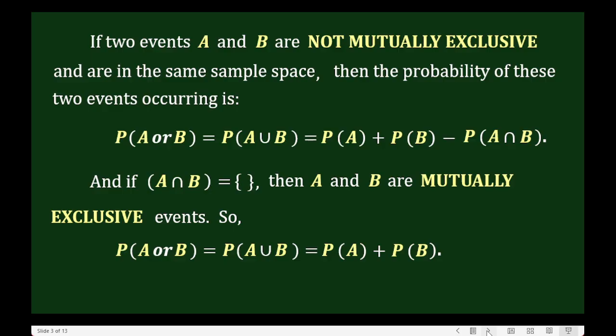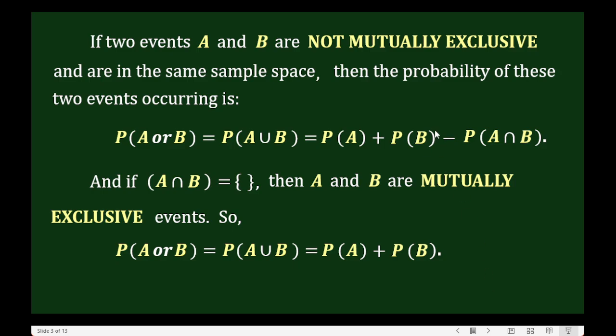So you will notice that for two events that are mutually exclusive, to get the probability of their union, there is no need to subtract the probability of their intersection from the sum of the probabilities, since there is no common element from the two events.